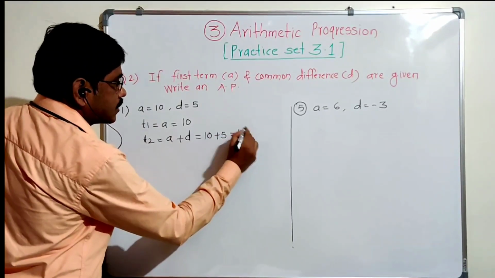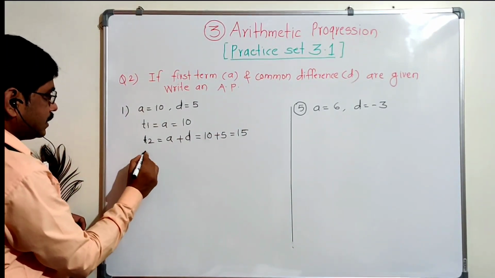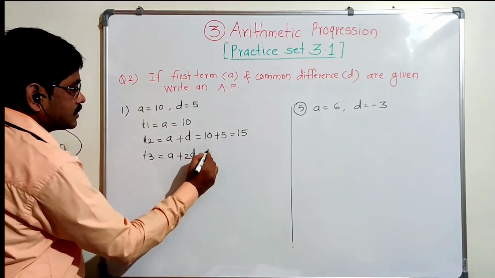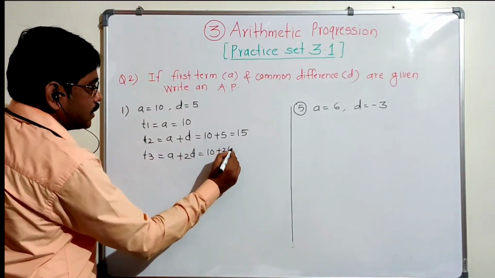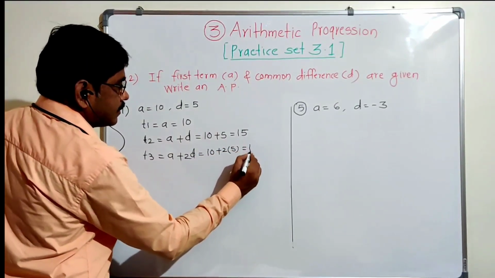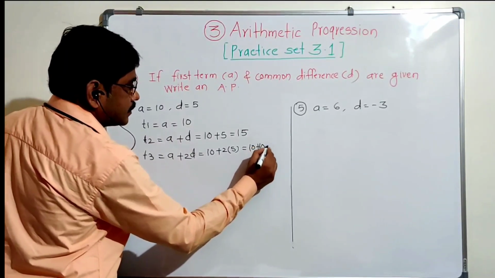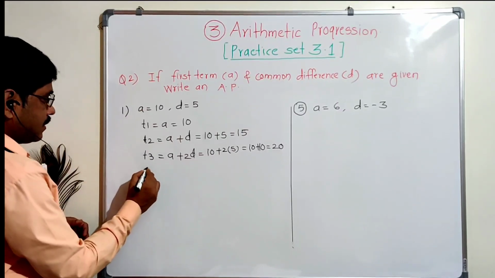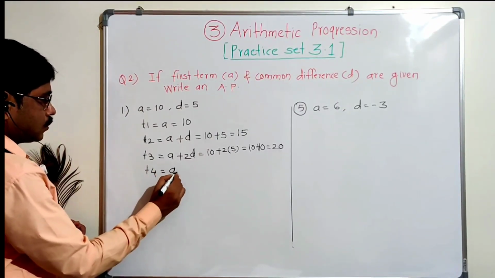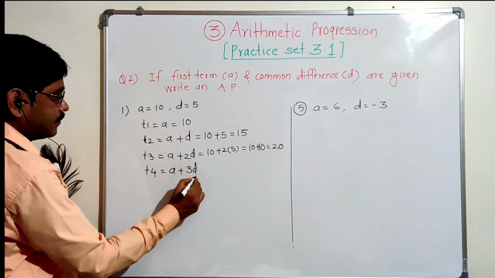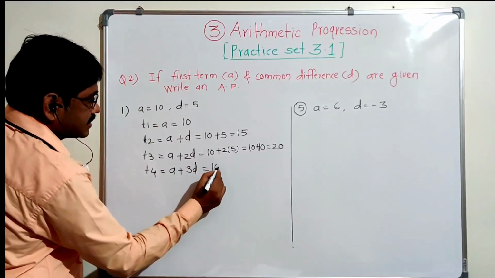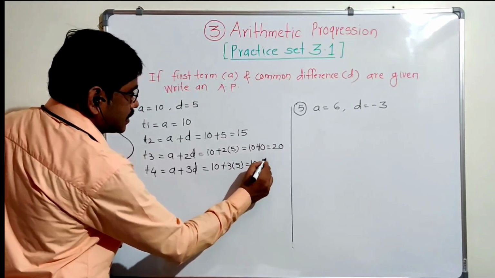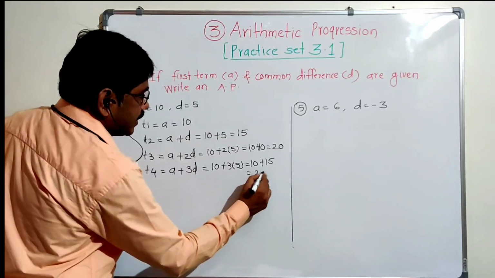So T2 is equal to 15. T3 is equal to A plus 2D is equal to 10 plus 2 into 5. So we get 10 plus 10 is equal to 20. Then T4 is equal to A plus 3D is equal to A means 10 plus 3 into D. So we get 10 plus 15, we get 25.